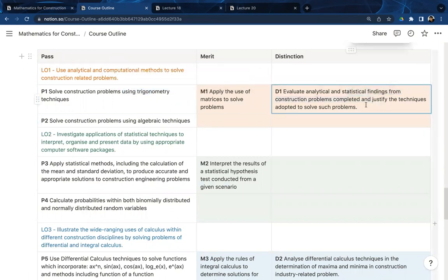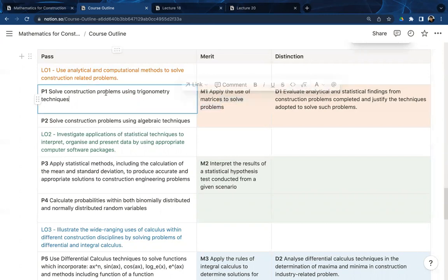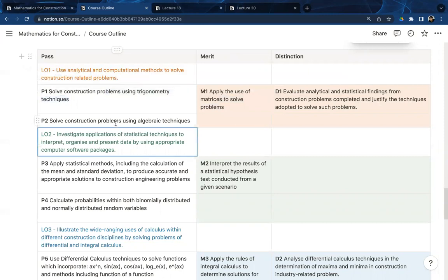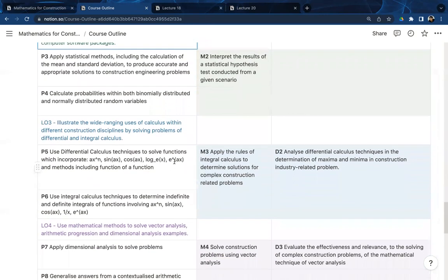So you will get a kind of hard question where you have to look at analytical and statistical findings to solve a problem. And well, merits and distinctions, if you don't get them, you could still pass. You just wouldn't pass with a merit or distinction. We talk about matrices and how to solve problems. We talk about trigonometry a lot. We talk about algebra for like 10 lectures, right? So that's kind of done.